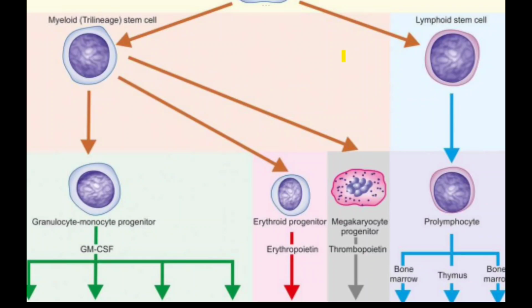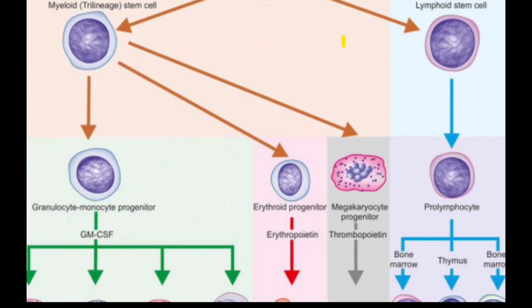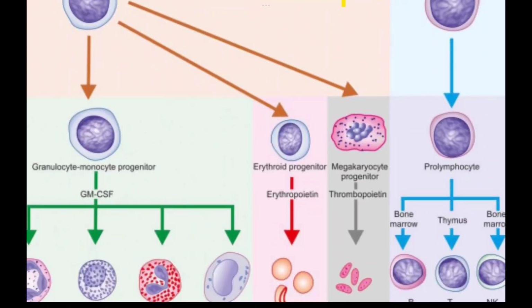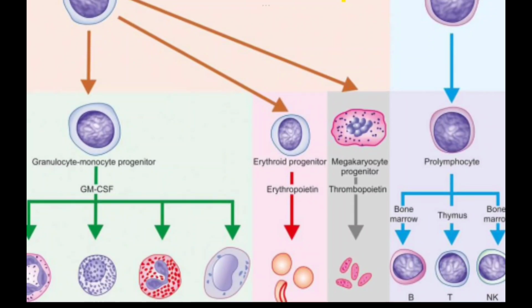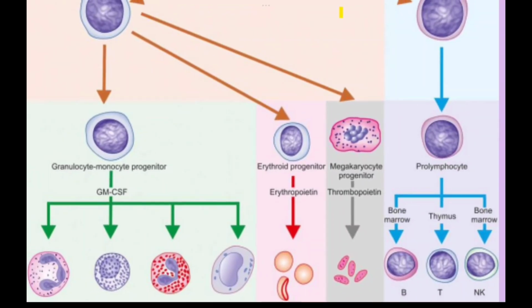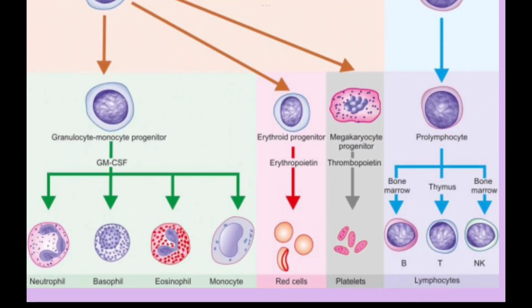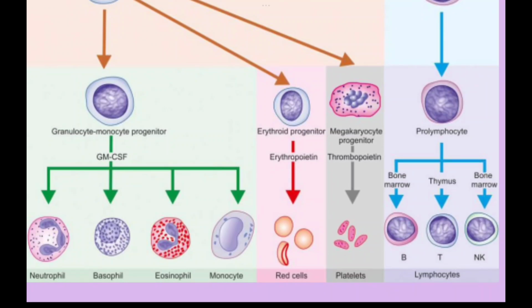So we'll first see the myeloid stem cells. The myeloid stem cell can be further divided into granulocyte monocyte progenitor, erythroid progenitor, and megakaryocyte progenitor. Granulocyte monocyte progenitor gives rise to the different WBCs present inside the body. Erythroid progenitor gives rise to red blood cells, and megakaryocyte progenitor gives rise to platelets.